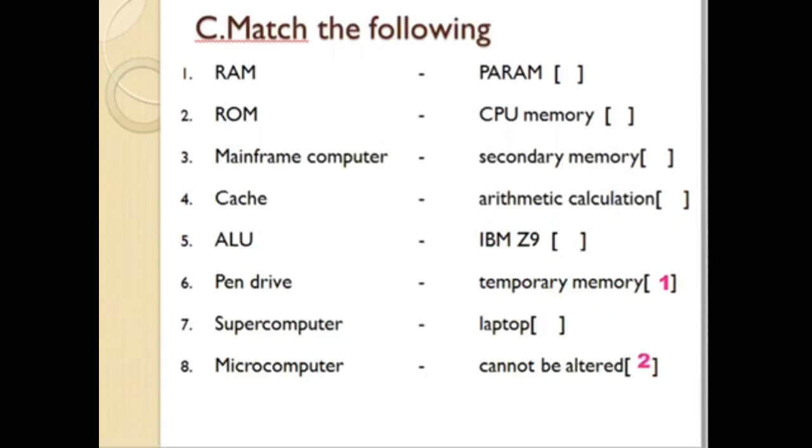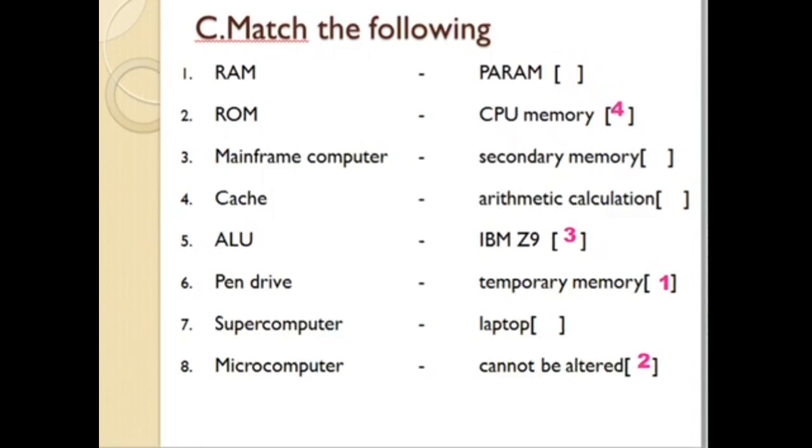The next one is mainframe computer. Here they give an example of a mainframe computer, that is IBM Z9. Cache is one type of memory. It is between the CPU and the main memory. So the answer is CPU memory. The next one, ALU. What will ALU do?